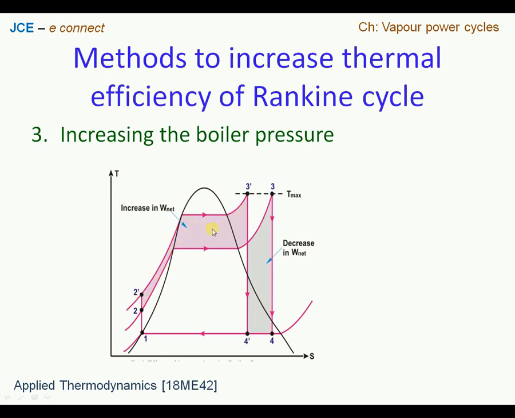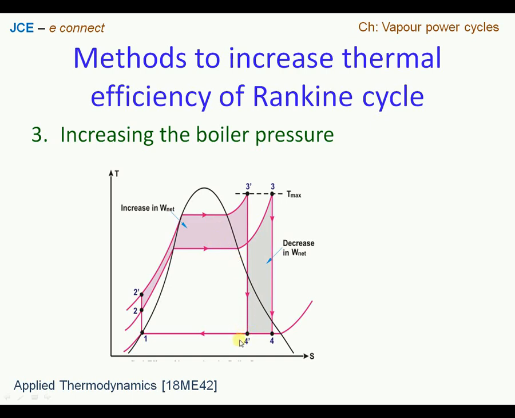At any point we can see that the new area which has been added because of the rise in the boiler pressure is much higher compared to the decrease in the area. So we see that increasing the boiler pressure is able to help us with increasing the cycle efficiency.